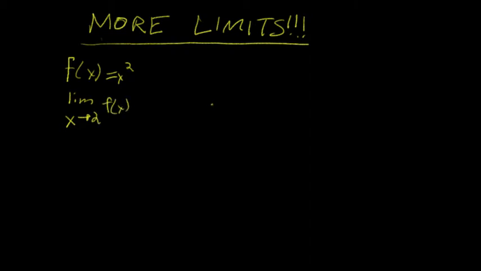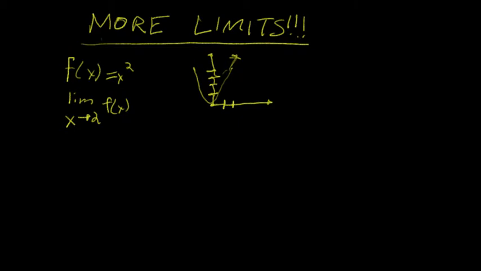And we saw, I'm just going to briefly draw it, we have a parabola kind of like that, and this is x equals 2, and we saw that as x got closer and closer to 2, both coming in from the left and the right, f of x got closer and closer to 4.